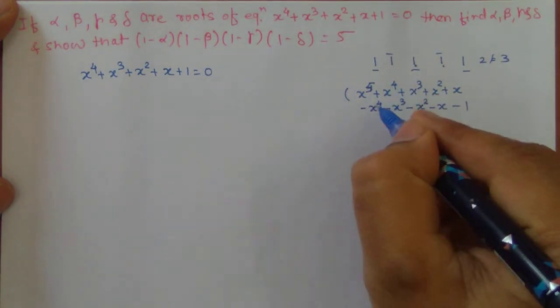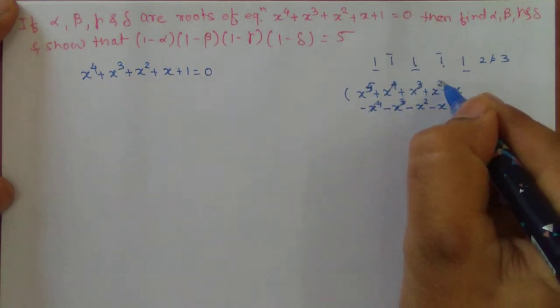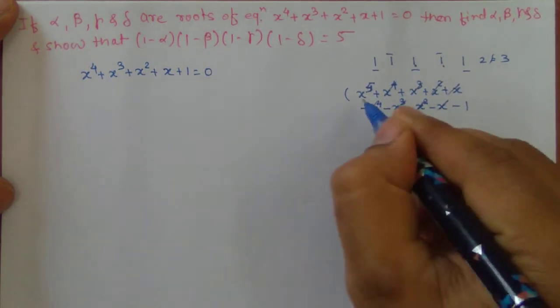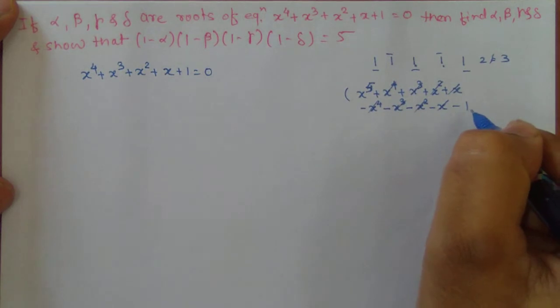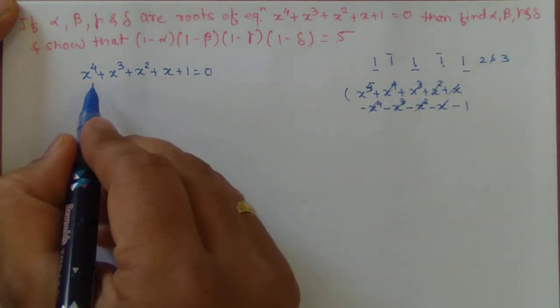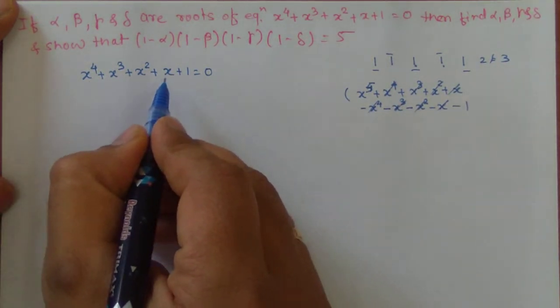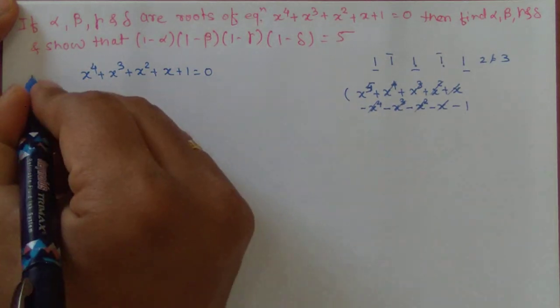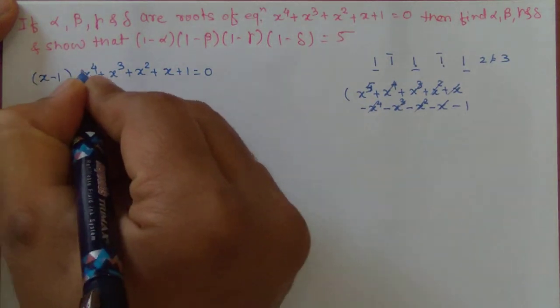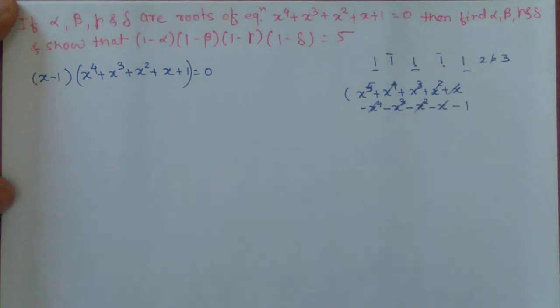And if I go on adding them, then these terms are going to cancel. Okay, so what I'm getting there? x raised to 5 minus 1. That means I multiplied this polynomial by x and by minus 1. Hence what I do is I multiply this polynomial with a factor x minus 1.